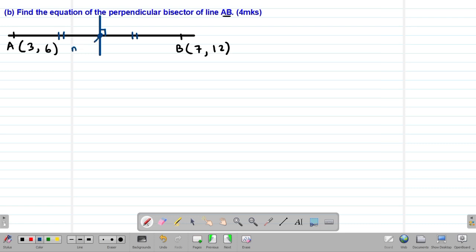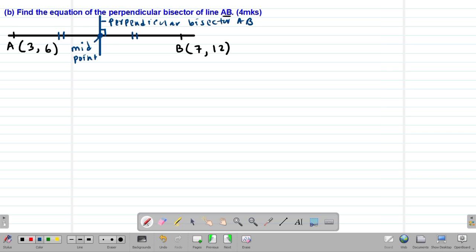So this is what we are calling the midpoint. So the coordinates of the midpoint will be the point through which this particular perpendicular bisector is passing through. So this is what we are calling the perpendicular. This is the perpendicular bisector to the line AB.